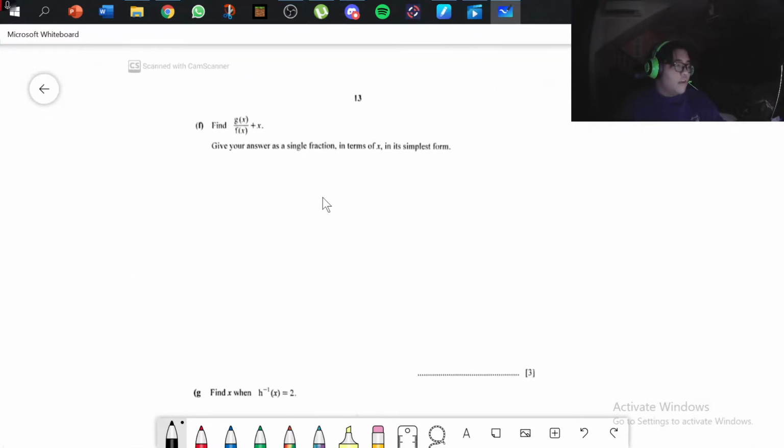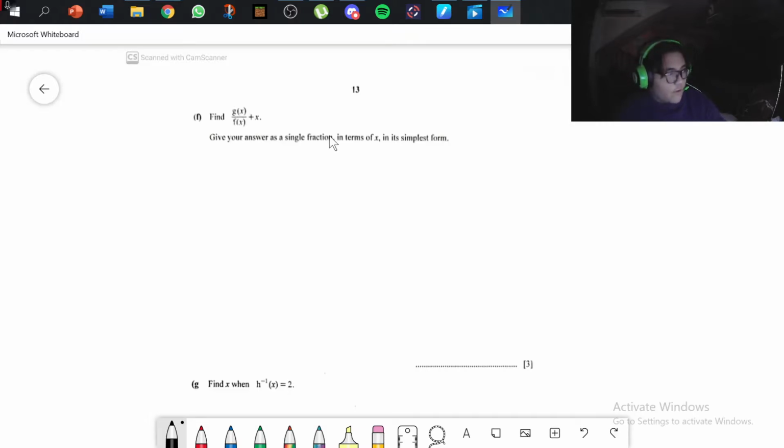And after that, find g(x) over f(x) plus x. Give your answer as a single fraction in terms of x in its simplest form. Okay, so it will be x squared plus 1 over 3x plus 2 plus x, which is over 1.